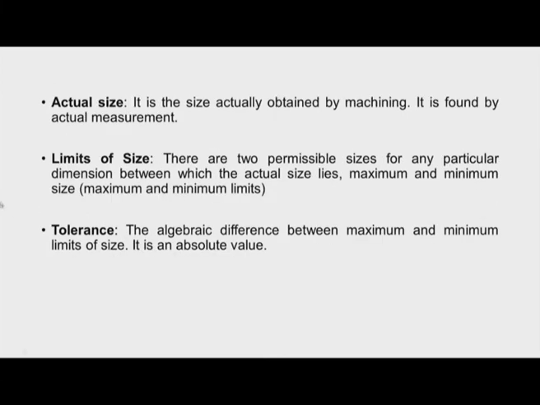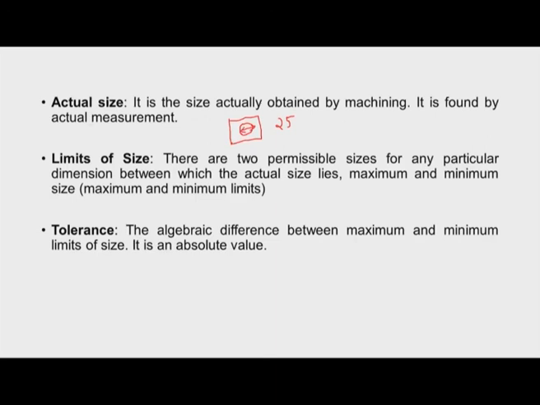Now what is the meaning of actual size? It is the size actually obtained after machining. It is found by the actual measurement. For example, we have produced some hole by using a drilling operation. The design size or basic size may be 25, but after producing, what is the actual size?